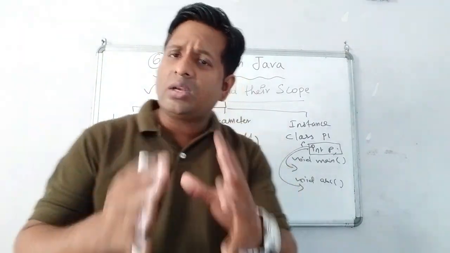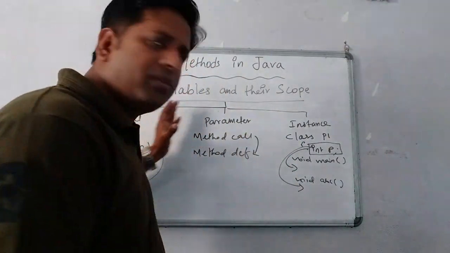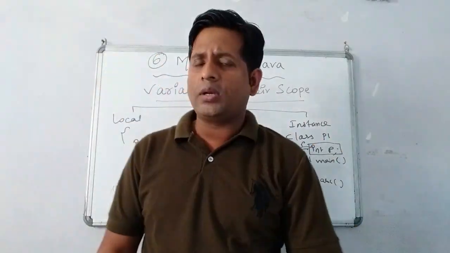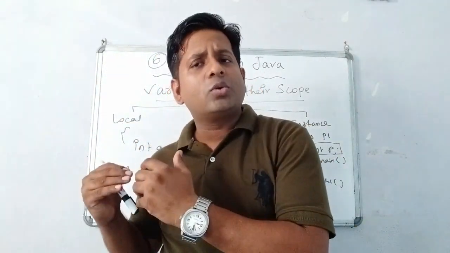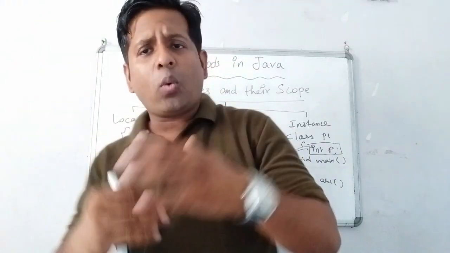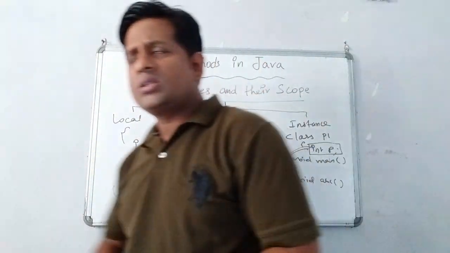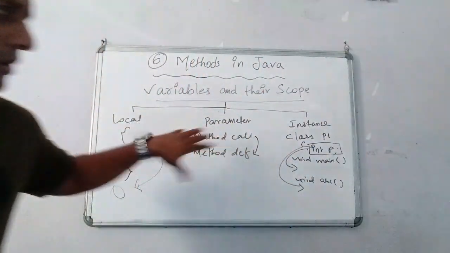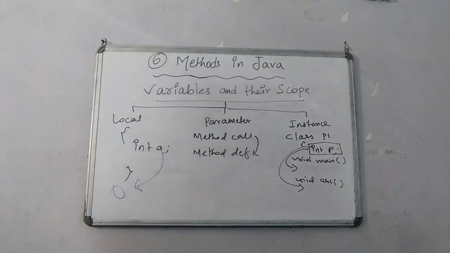So children, there are three different types of variables: local variables, parameter variables, and instance variables. And what are their uses, where are they used, and what are their scope? You can just see this board, you will understand from here. Local variables are limited to the curly bracket. Parameter variables go from method call to method definition, means asking value to passing value.